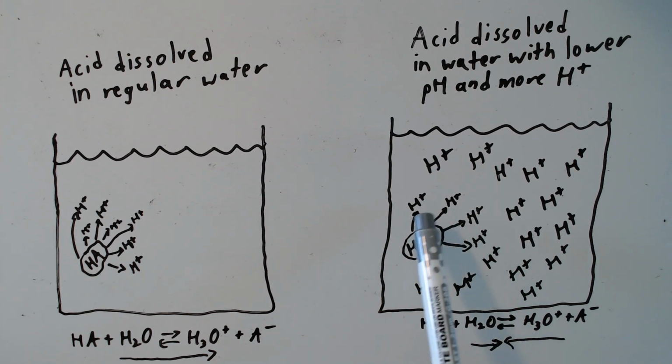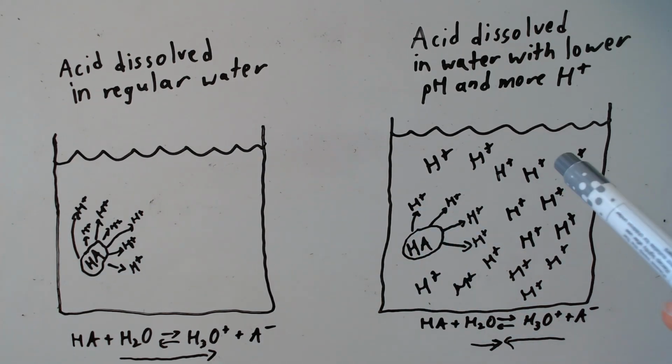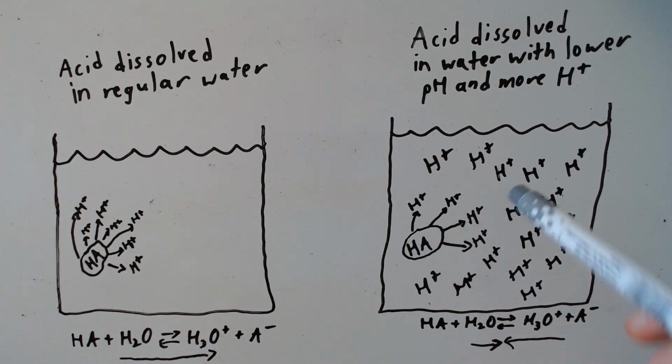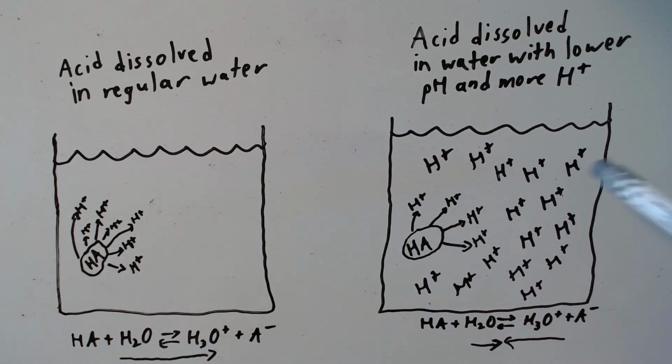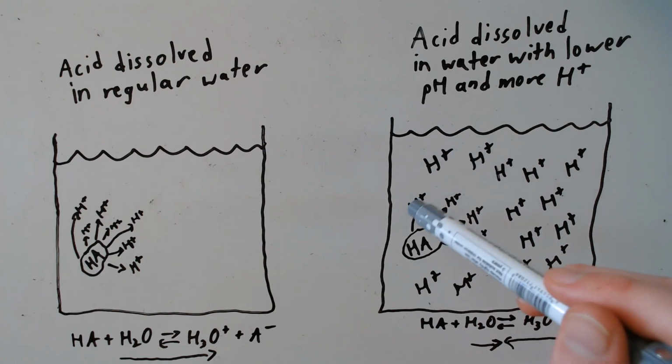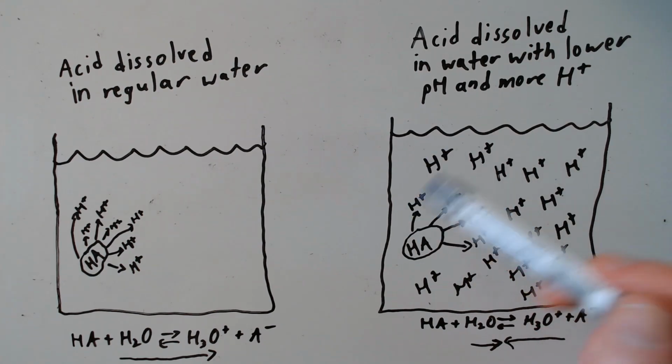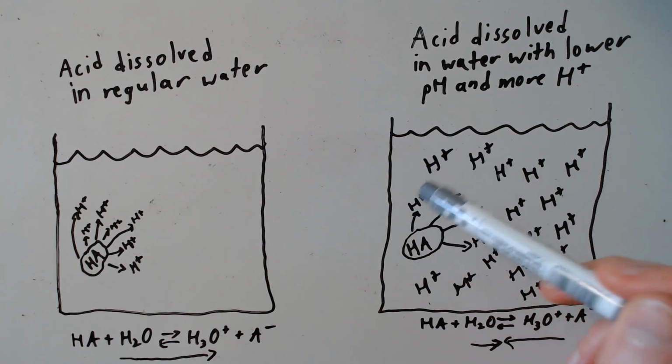We know that the acid releases an H+, and this solution already had a lot of H+ prior to when the acid was added. Since H+ released and H+ already present are the same ions, these are common ions.